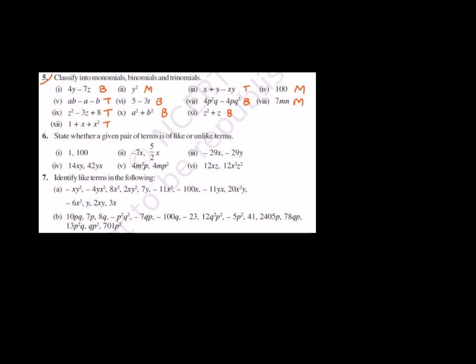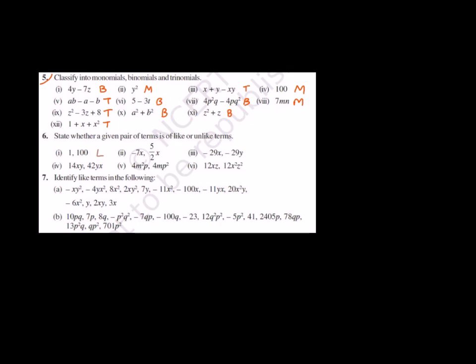Now moving on to the next question, we have to tell whether the given pair of terms are like or unlike. Its first part is 1 and 100. These two terms are given, both are numbers, both are constants, so they are like terms.